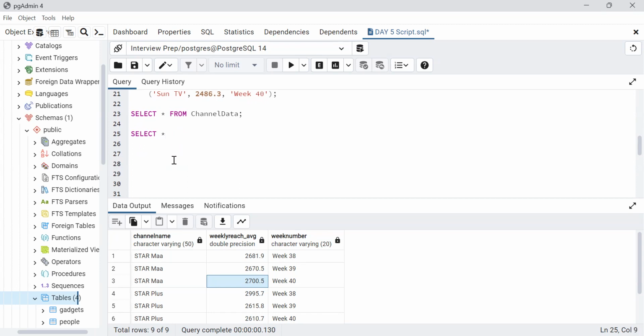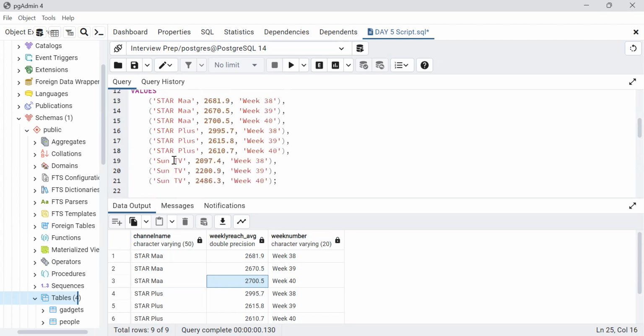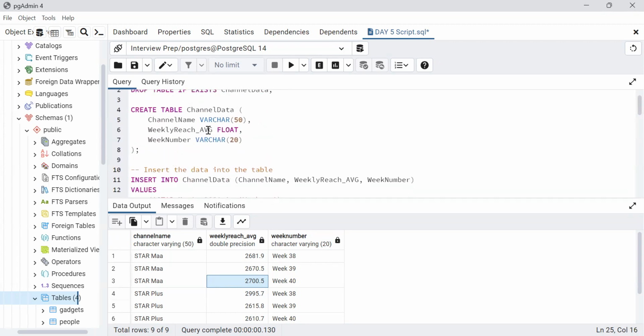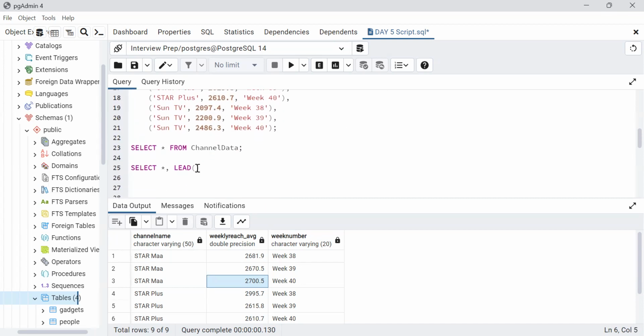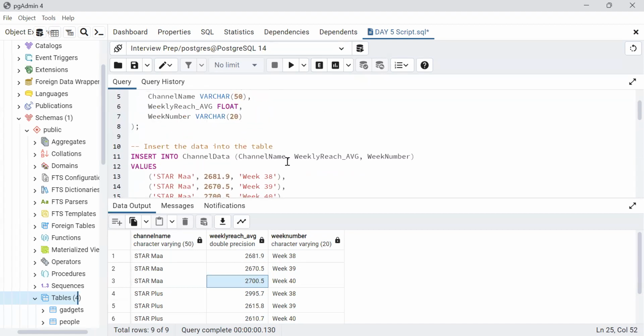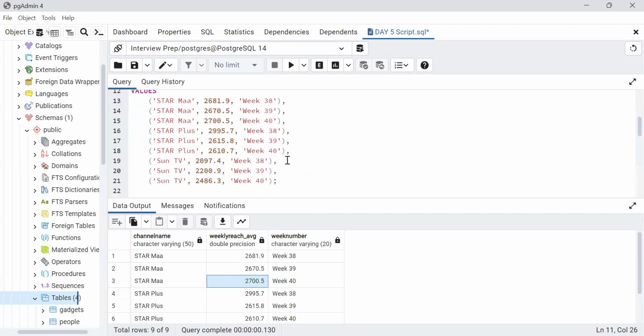I'm writing the code till then about all that we discussed. Order by week number.